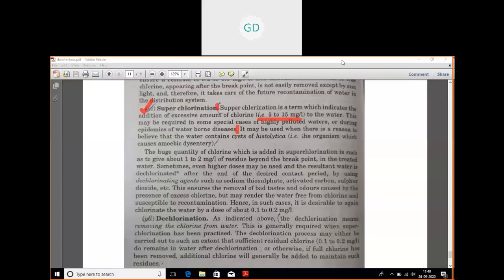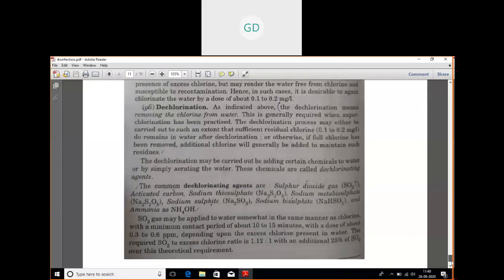Next, last you see, is dechlorination. From the name you can get an idea that after adding chlorine to the water, whatever chlorination you have done, plain chlorination, pre-chlorination, post-chlorination, and the chlorine has done its work, it has killed the bacteria, but now you have to remove that chlorine from the water.